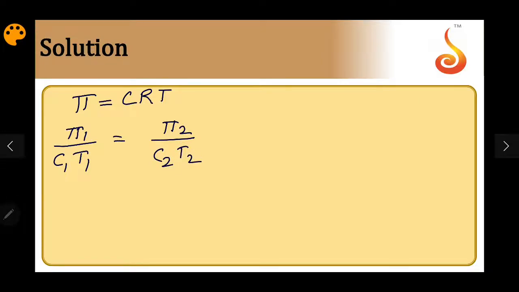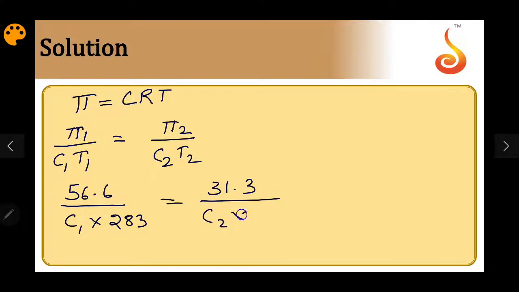So pi 1 is 56.6, C1 I'll keep as it is, T1 is 283, is equal to pi 2, which is 31.3, C2 will keep as it is, T2 is going to be 313. So if you simplify, I'll get C1 by C2 is equal to 2, or C1 is equal to 2C2.